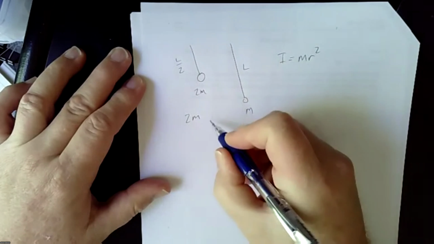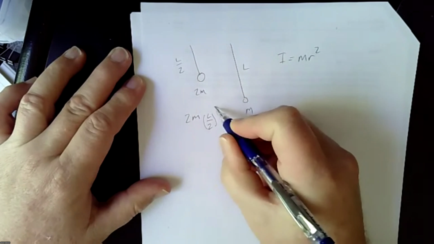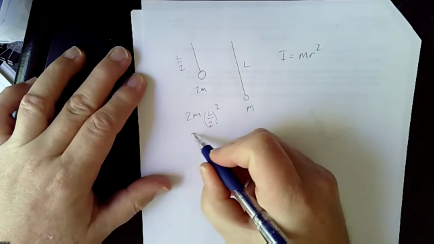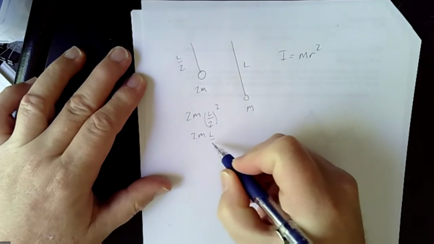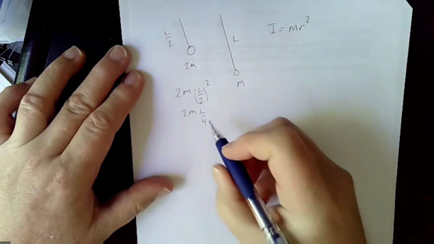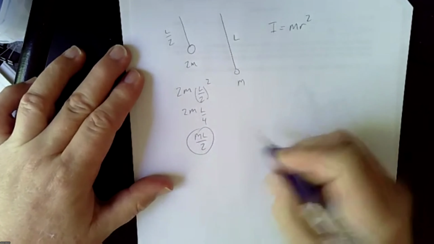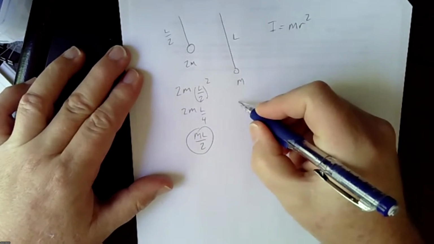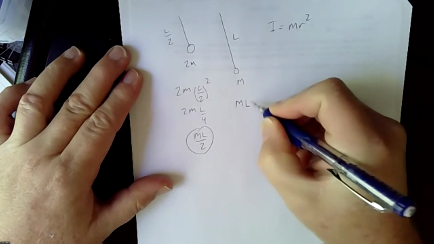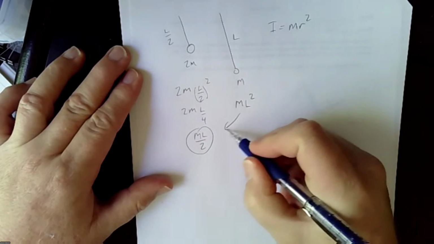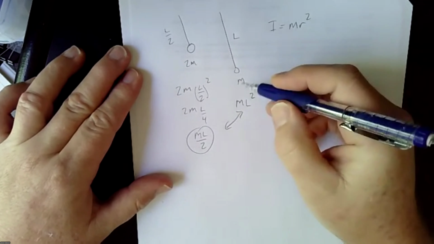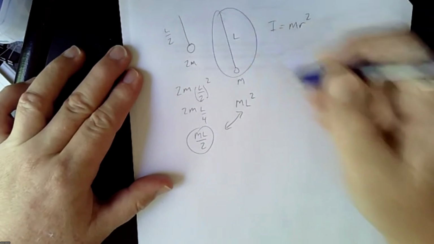This will be L, so it's L over 2 squared, which is essentially 2m L squared over 4, or just mL squared over 2, right? Whereas in this one, we have mL squared. So we can see that if you compare the two, the longer object is going to have the larger I.